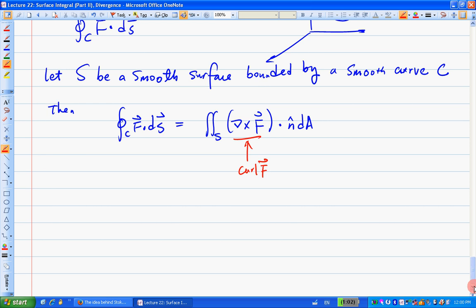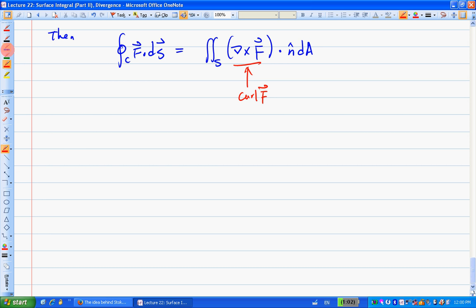Now, let's go back to the Green theorem for the time being, temporarily. Here's a formula.